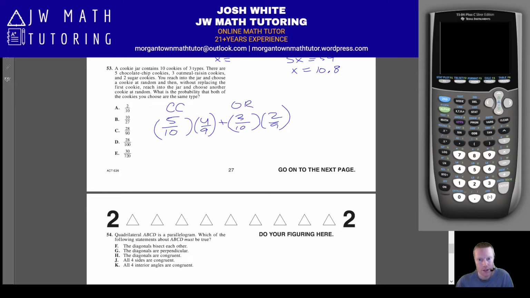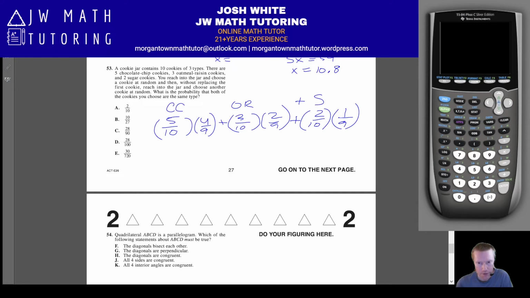And notice the 10 drops down to 9 because you are not replacing the first cookie. And the same thing's happening on the top two. The number of favorable outcomes is reducing by 1 as well. And then the last one is sugar. So for that one, it's going to be 2 out of 10 for the first cookie, and then 1 out of 9 for the second cookie.